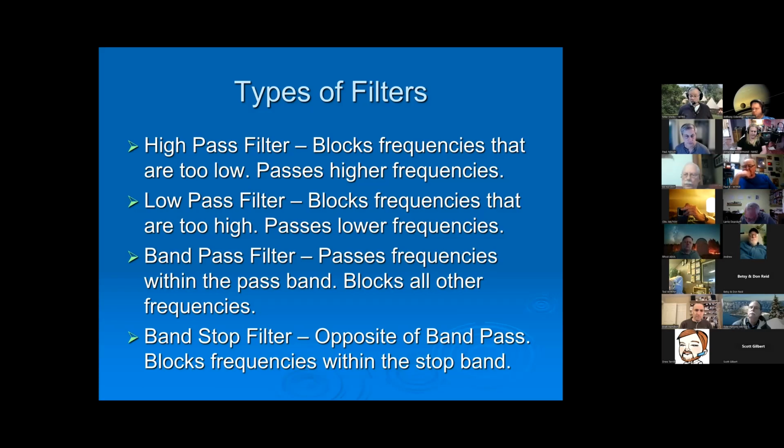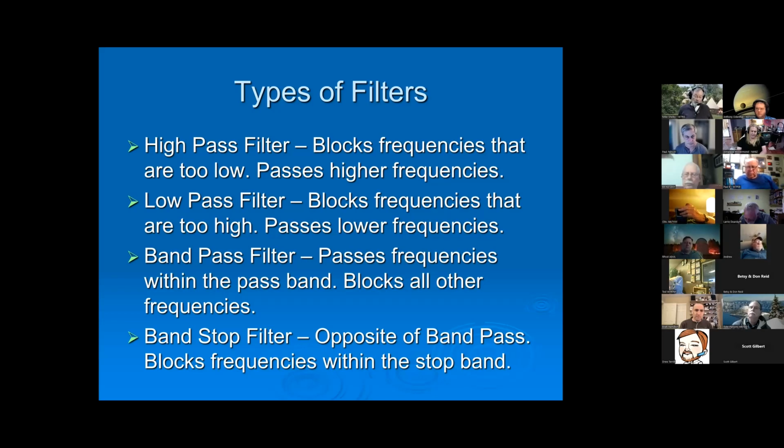In other words, for your 80 meters, it will block low frequencies up to 3.5 megahertz, and it will pass the frequencies from 3.5 to 4 megahertz. And anything above 4 megahertz, it will block.